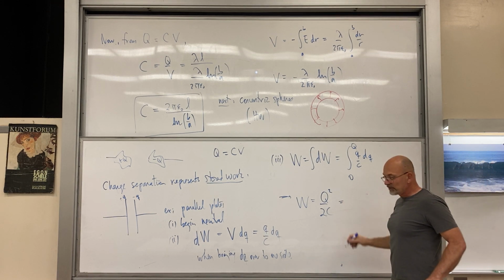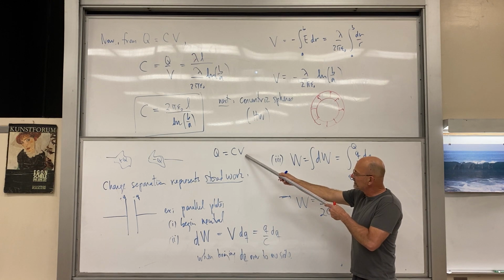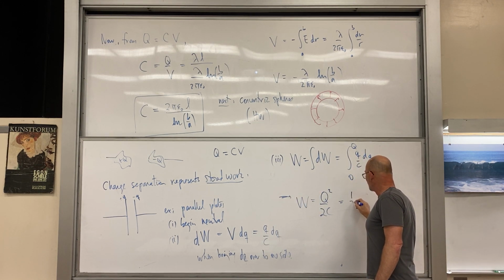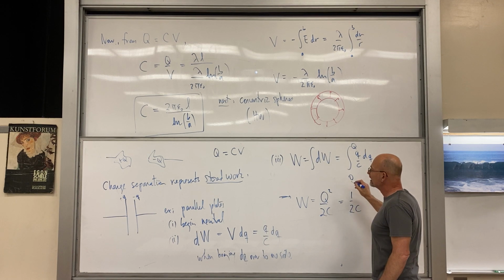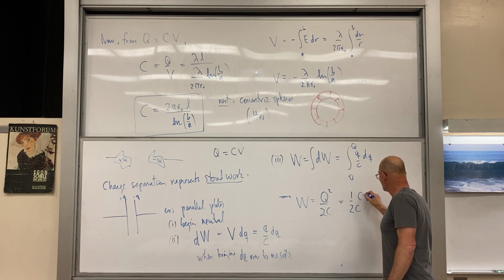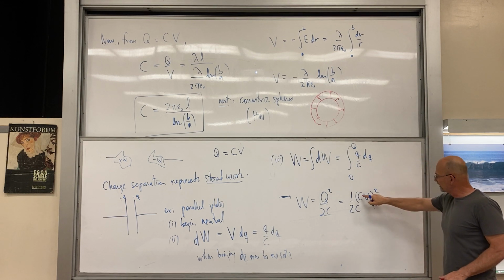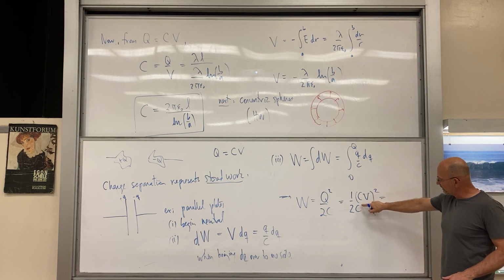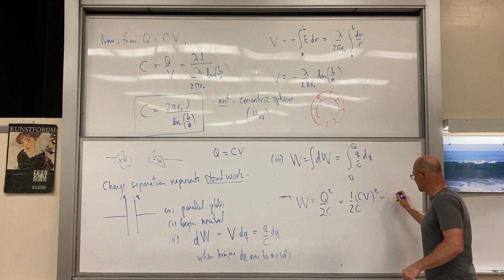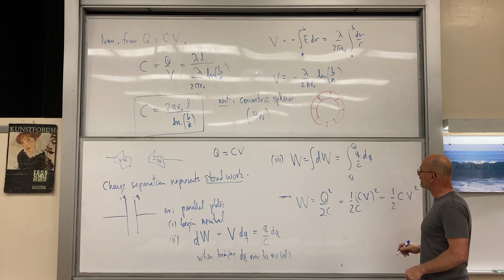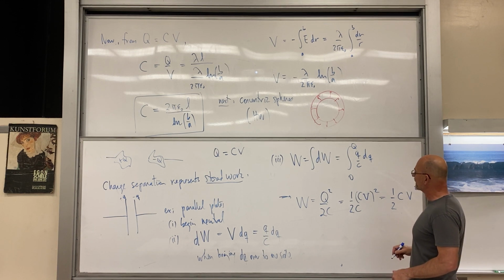Okay. And we can also plug this definition in, and then we could have 1 over 2C, C times V, the quantity squared, and then C squared cancels C in the denominator, so we end up with 1/2 C V squared. So either of these.